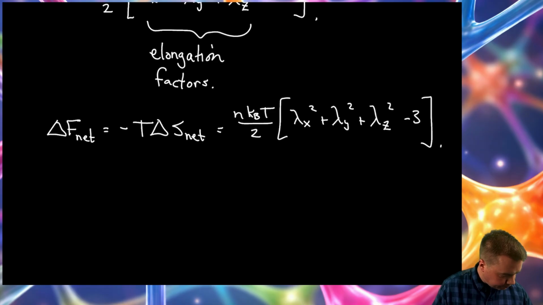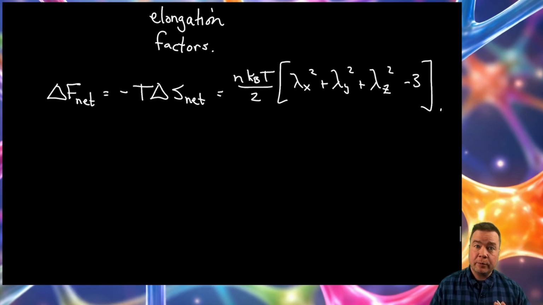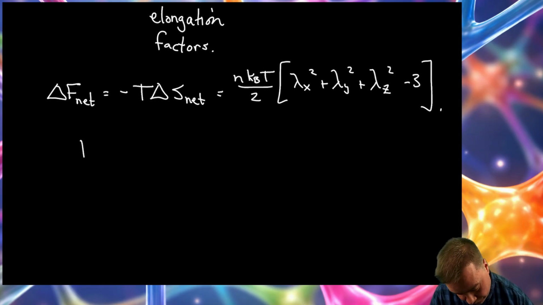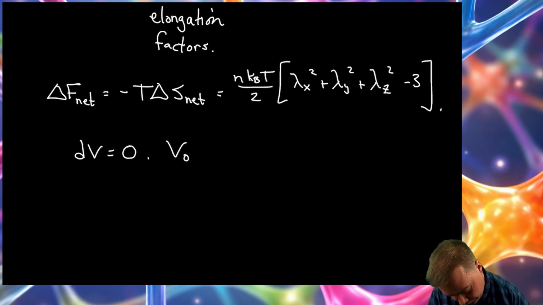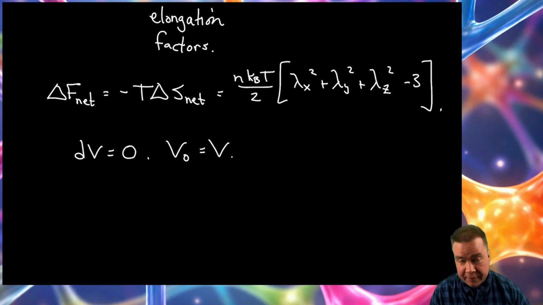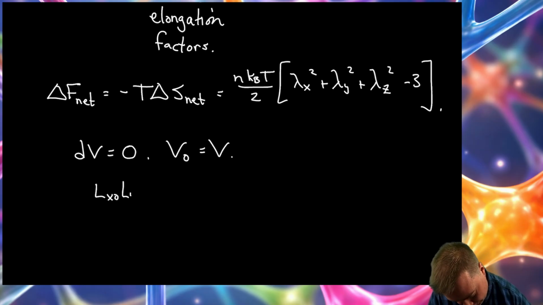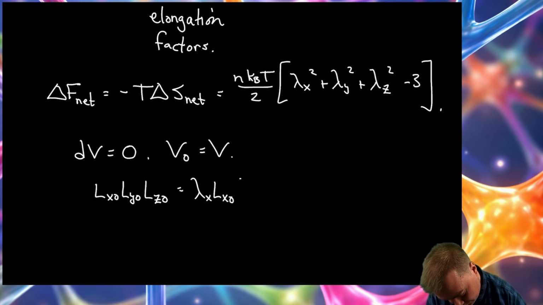So the other thing is, remember, we've got this condition for our material. One of our assumptions is that dV is equal to 0. So V0 is going to have to be equal to V final, right? So that means that Lx0, Ly0, Lz0, the initial volume, must be equal to lambda x Lx0, lambda y Ly0, lambda z Lz0.